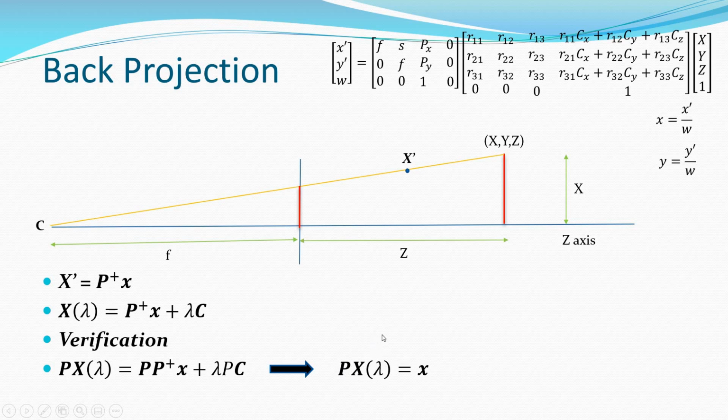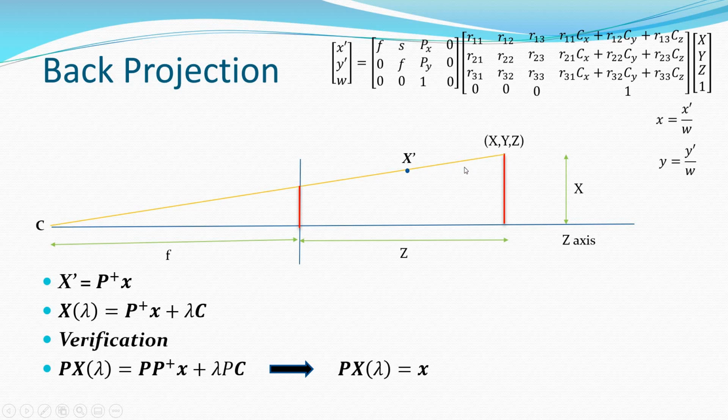You can change the value of lambda to as many different values as you want. That will move along this line, and it will represent a single point in the 2D image plane. This again tells you that from one camera you will not be able to get the 3D world coordinate, but what you will be able to get is this line.